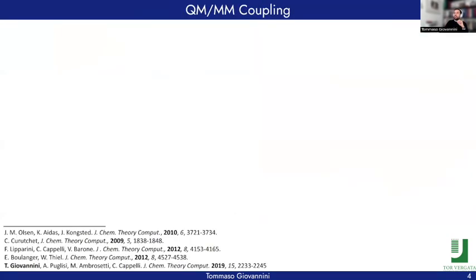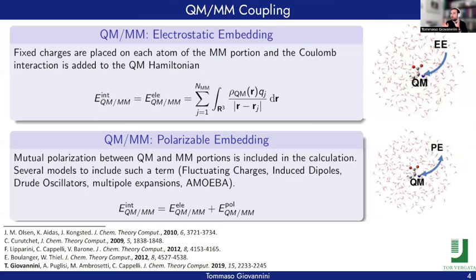How do you do that? There are generally two approaches that are exploited. One is electrostatic embedding, which is very easy. Let's say that you take your QM portion that is treated at the quantum mechanical level, and this will have a density rho. And then in your environment, you put fixed charges.